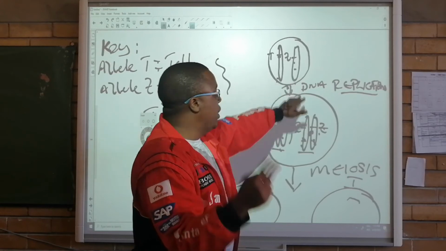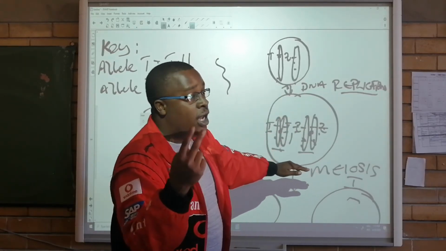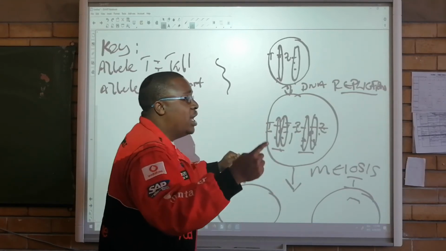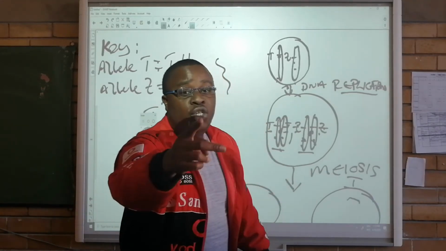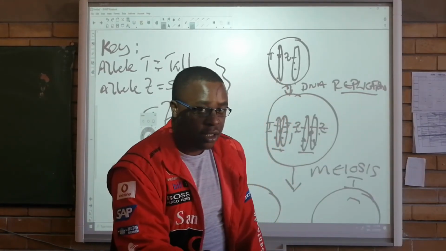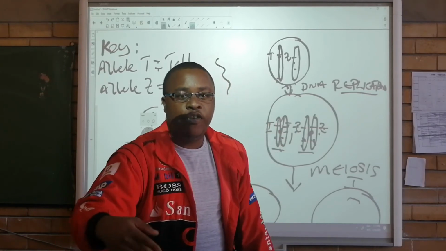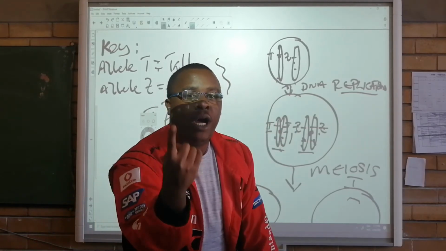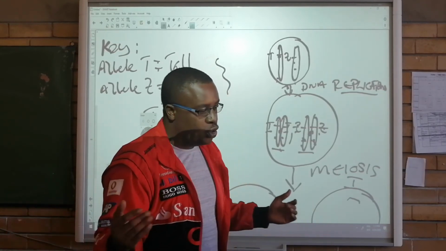How many chromosomes do we have here? 2. And we know at the end of meiosis 1, we're going to have half the original that we started with. So if we started with 2, it means that each cell at the end of meiosis 1 should have 1 chromosome. Absorb that.